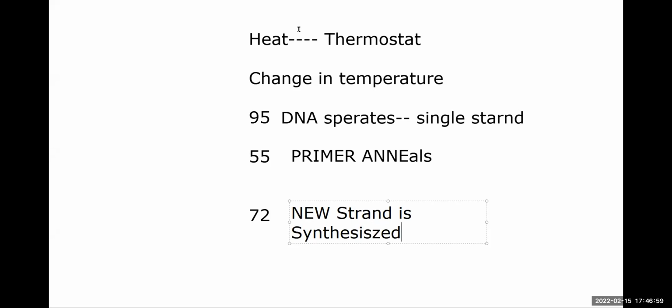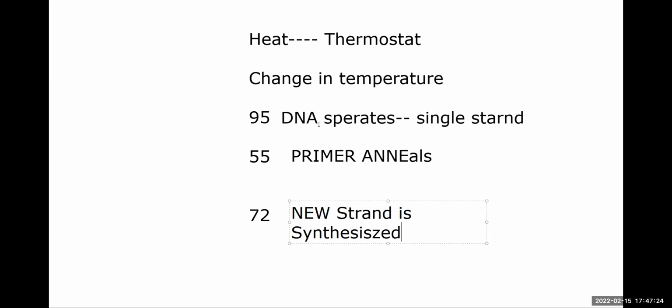Now let's look at all three steps. At 95 degrees, when the DNA separates, it is called denaturation. At 55 degrees, when the temperature comes down, the primer, the boundaries, the oligonucleotides attach to the parent DNA. At 72 degrees, the new strand is synthesized.